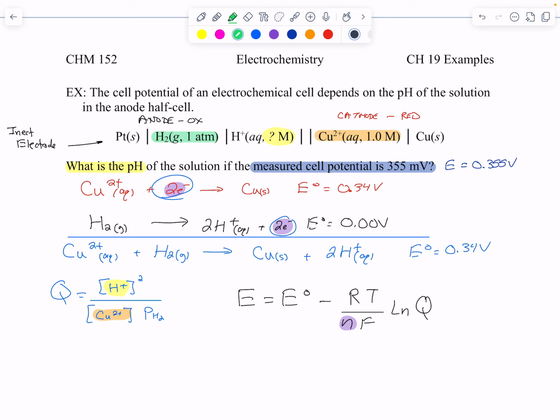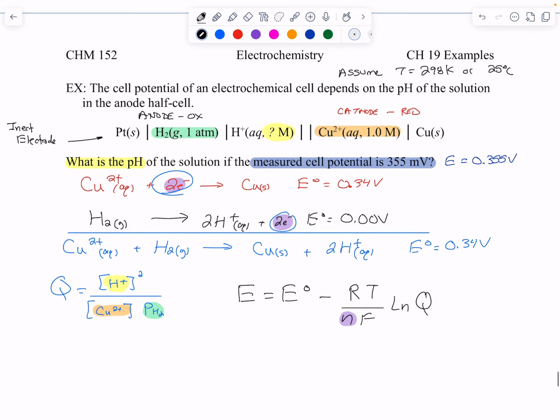We have the pressure of H2, we have that. We know what F is, we know what T is. We're going to assume temperature. Obviously, if you change the temperature, you would just change what T is. We got E standard. I think we can solve.